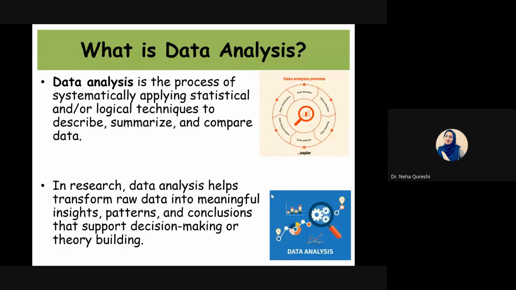So the first process is data decision: what kind of data is required for answering your research questions or fulfilling your research objective or goal. Accordingly, we plan whether we will need primary data, secondary data, or experimental data, that depends. Then after that, you go for data collection.